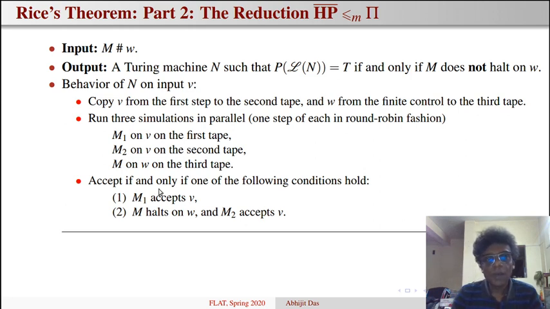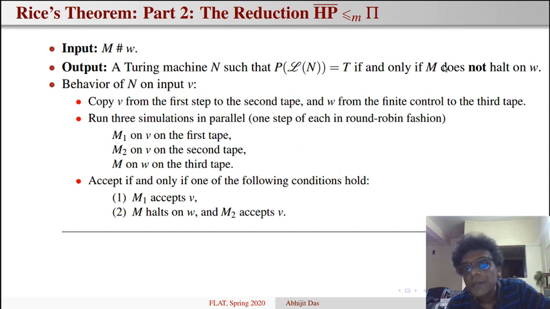Now let us look at the behavior of this N. What is the language accepted by N? Let us first look at this. If M does not halt on W, then the second condition is never satisfied, and therefore the only possible way in which N can accept is if the first simulation is accepted.